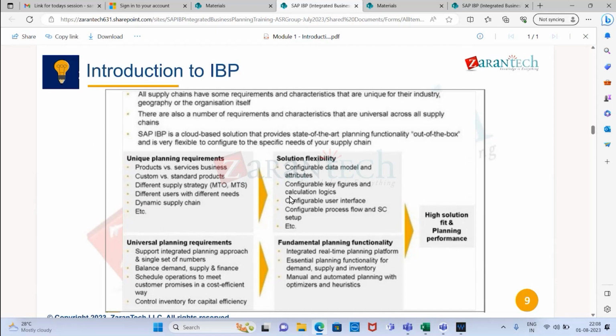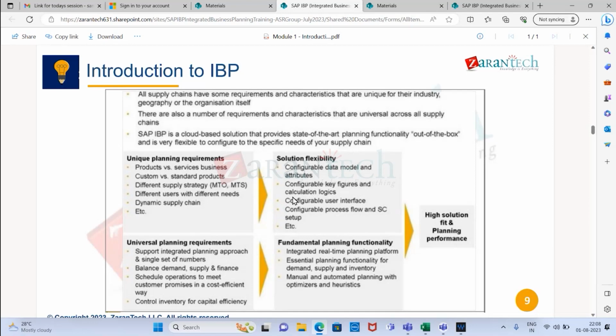Yeah, thanks. Okay, so MTO is made to order, and MTS is made to stock. Similarly, there is also MTE, that is made to engineer. Most organizations predominantly follow either the MTO or MTS process. So what is MTO?